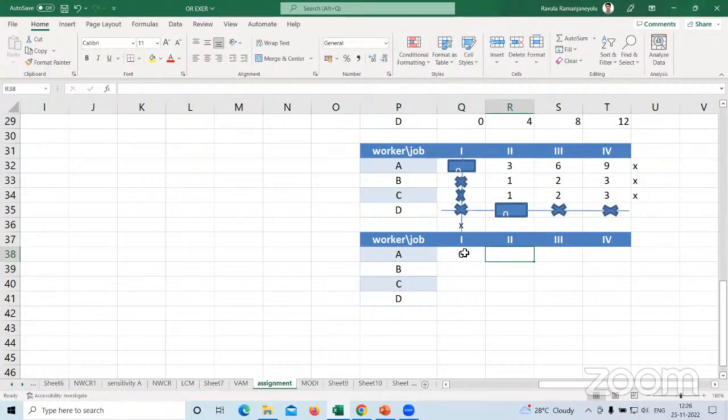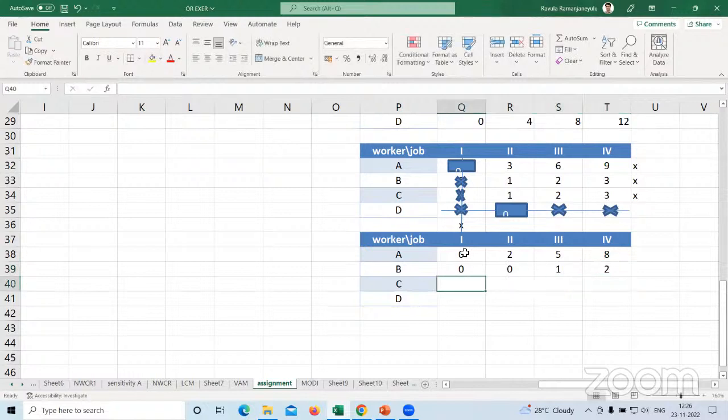Here we need to subtract: 3 minus 1 is 2, 6 minus 1 is 5, 9 minus 1 is 8. The next 0 as it is, no change. 1 minus 1 is 0, 2 minus 1 is 1, 3 minus 1 is 2.